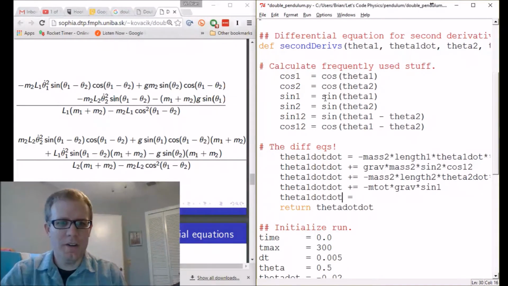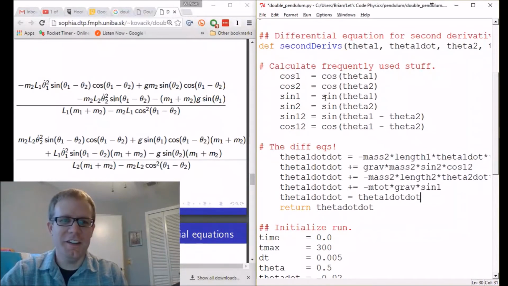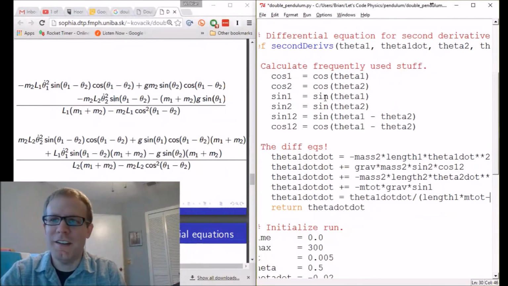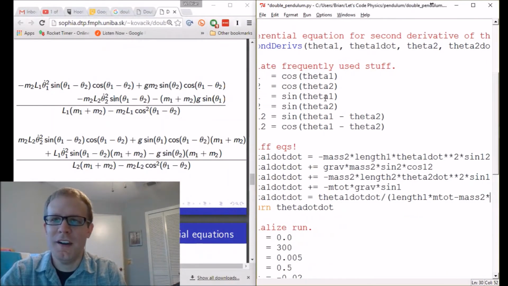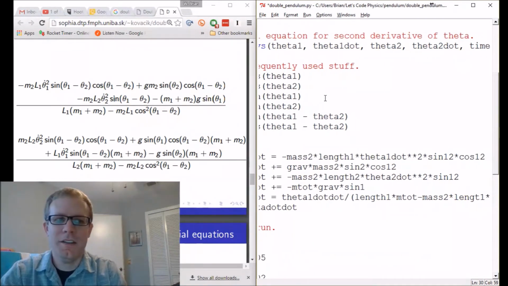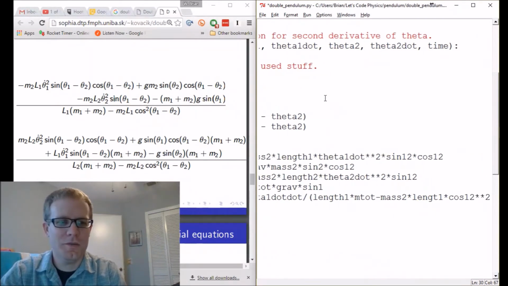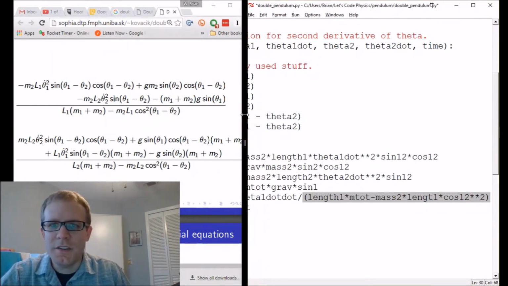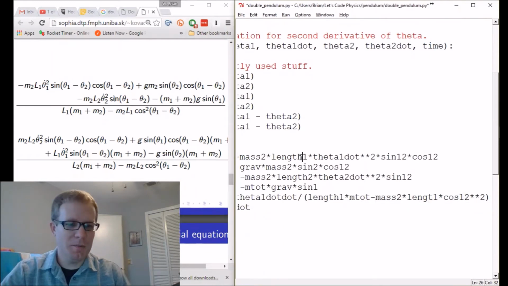I don't know. I'd rather not get myself a debugging nightmare by putting that in here. Length 1 times m tot minus mass 2 times length 1 times cosine 1, 2 squared. Okay, let's do, oh wait, I can adjust this, can't I? There we go, get myself a little bit more viewing room there.